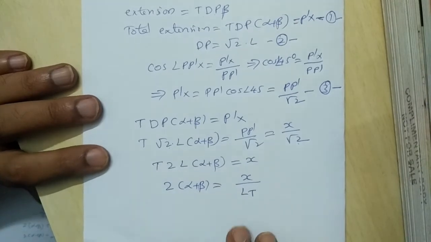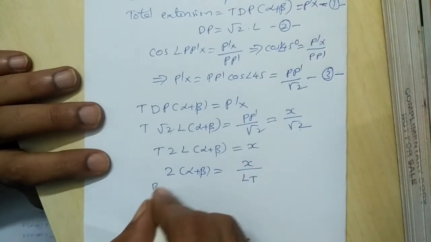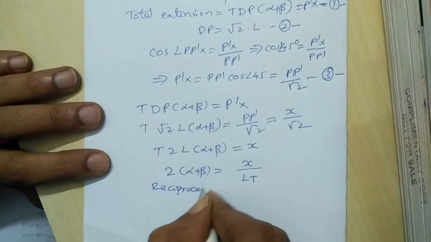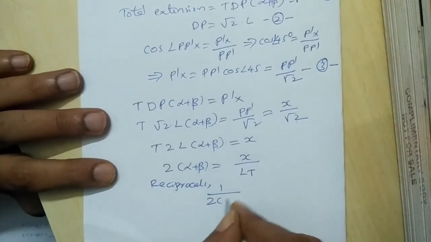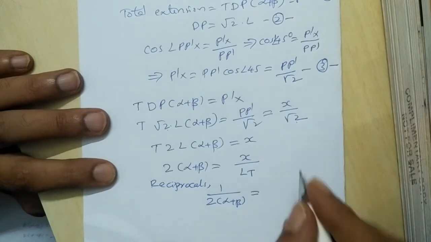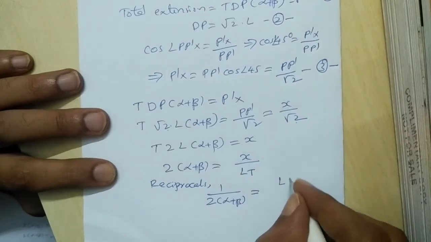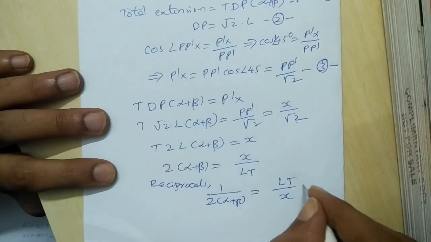So let us take the reciprocal. Taking the reciprocals here, 1 by 2 into alpha plus beta is equal to LT divided by x.